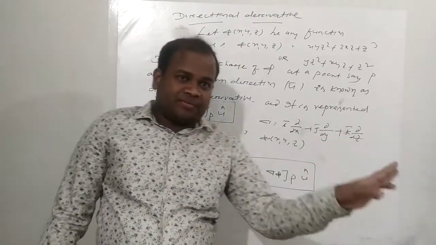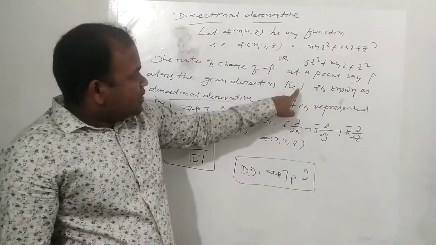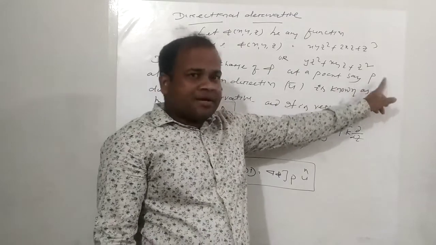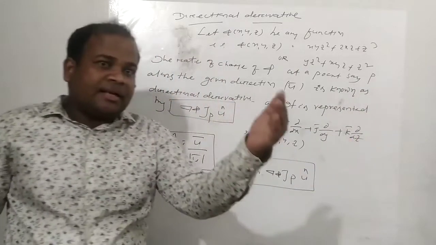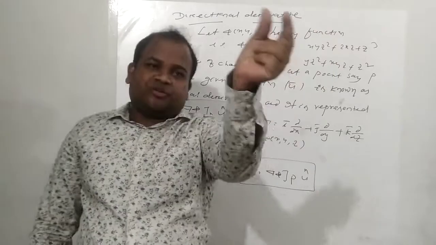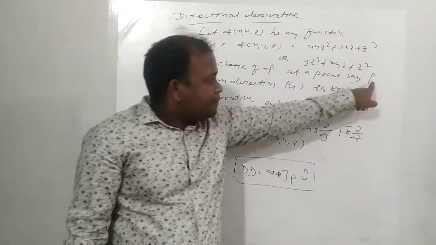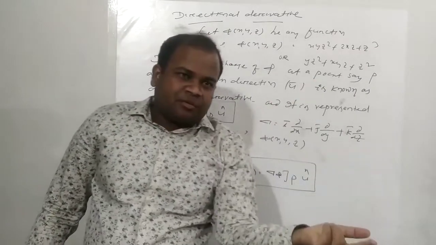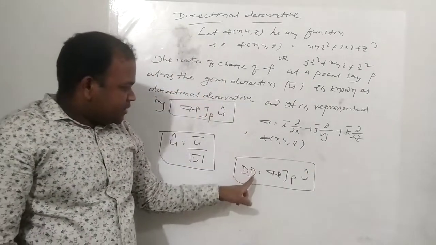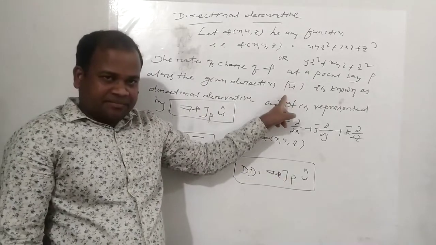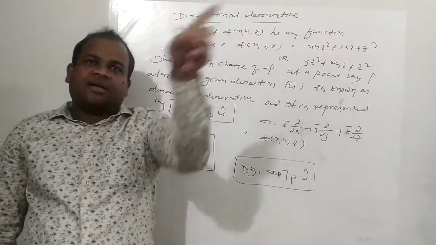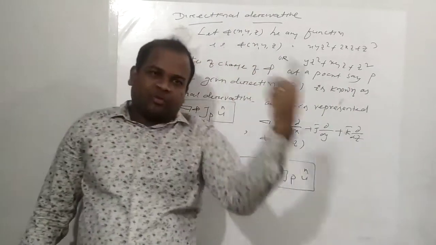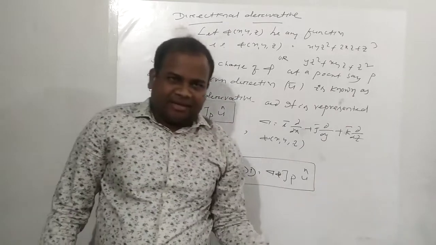If another point is given, that is, one point P of x, y, z and another point Q of x, y, z, then by using the two-point formula you will get the u vector: x1 y1 z1 and x2 y2 z2, so x2 minus x1 i, y2 minus y1 j and z2 minus z1 k.